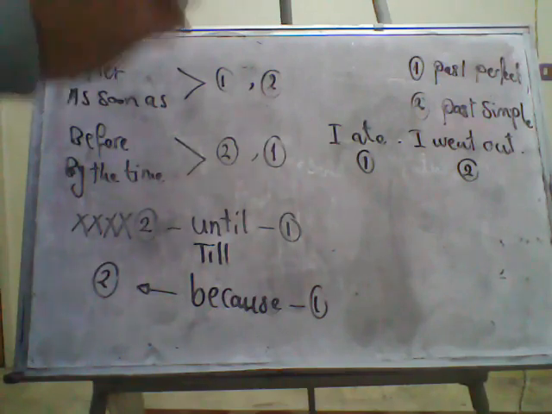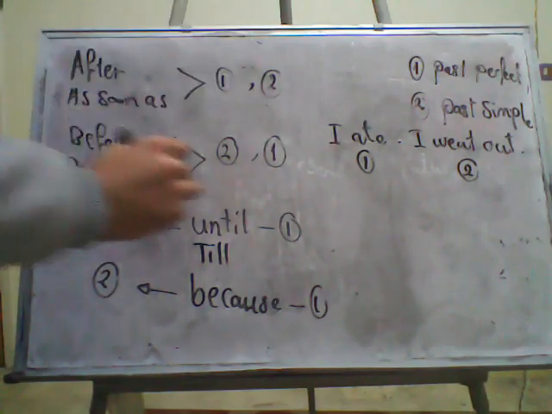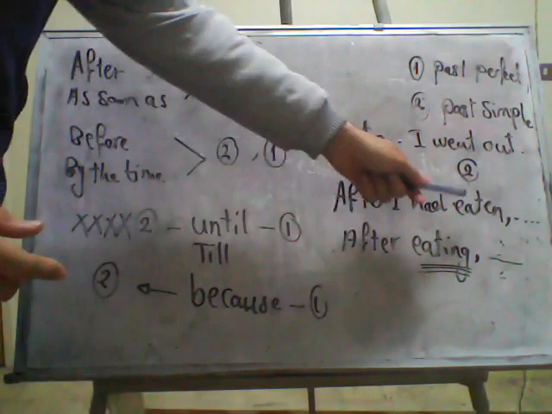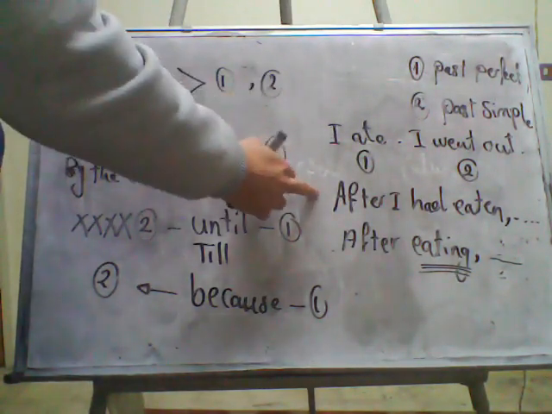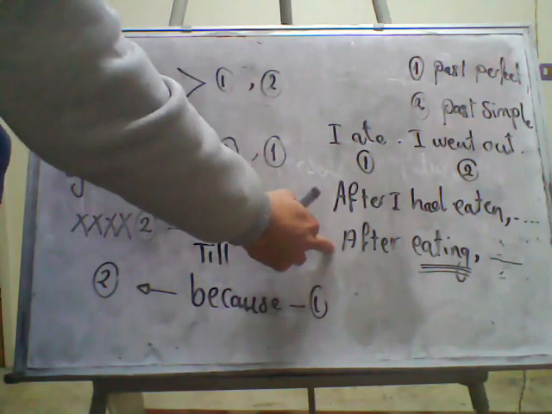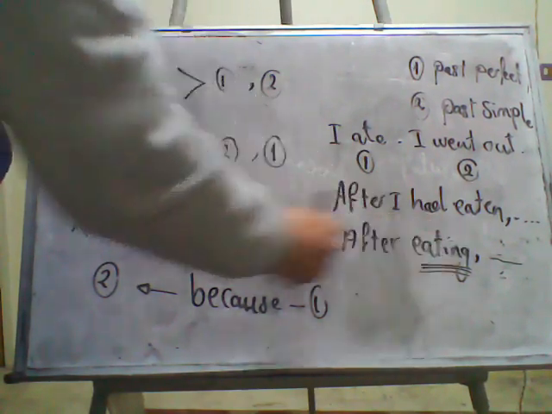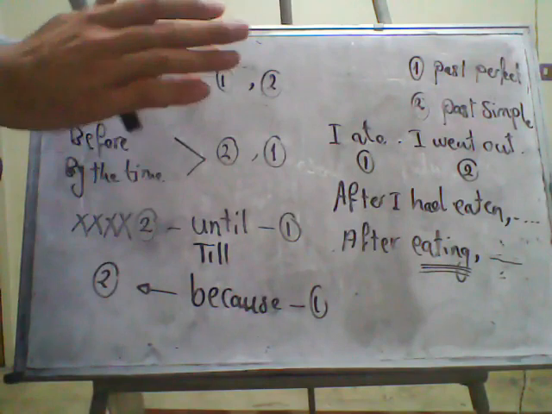Let me write this and show you one thing which is very important. After I had eaten, I went out. In the second part of the sentence, I'm showing you that after the word after, we can use the gerund directly if we cannot find a complete sentence.